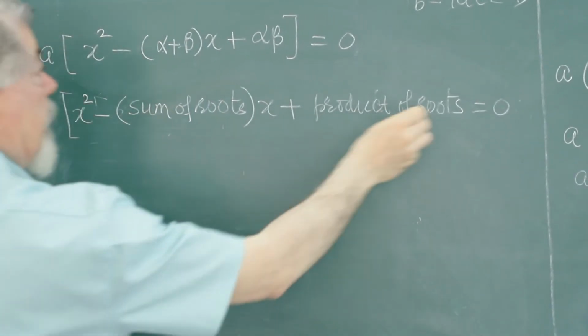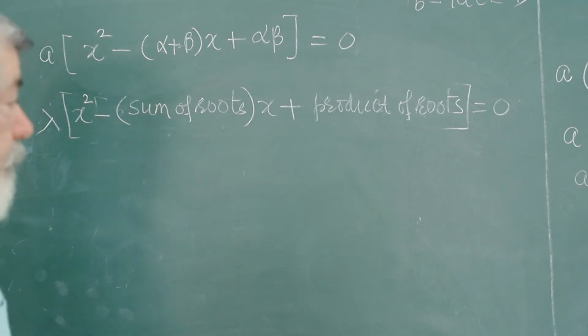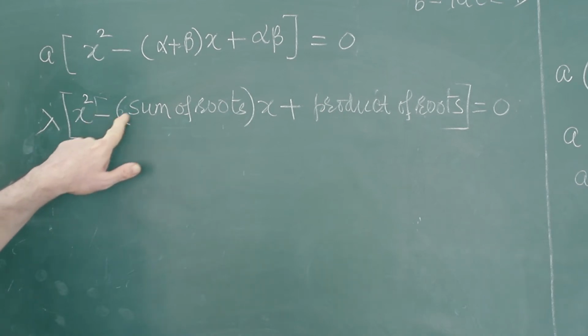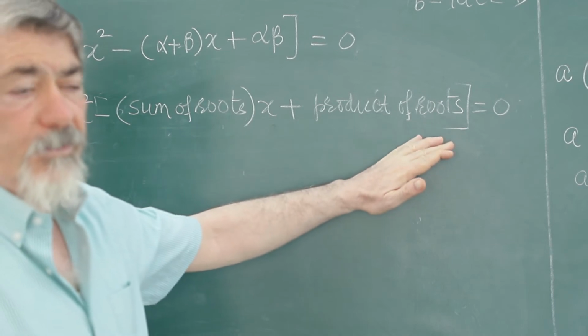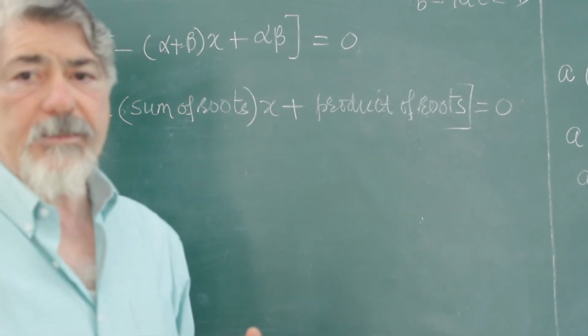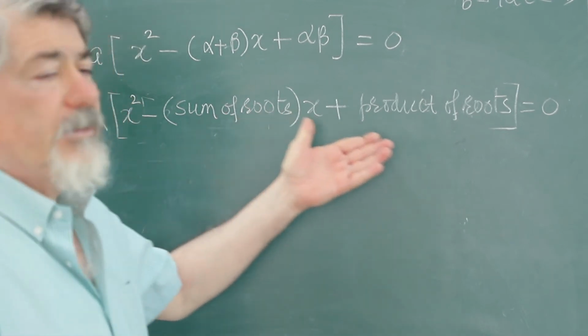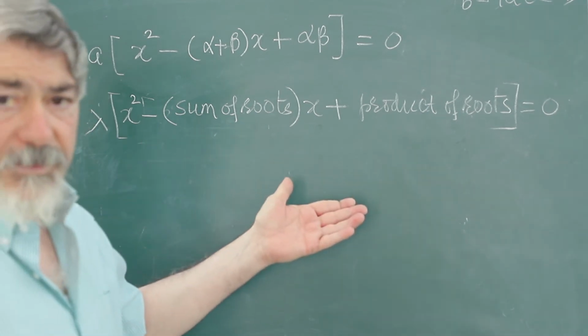In this I can put some other constant instead of a. So x squared minus sum of roots into x plus product of roots. So if you are given the two roots of an equation, you can formulate a quadratic equation using this formula.